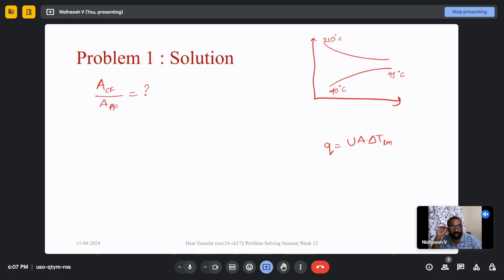U A delta T is similar to h A delta T; instead of h, here it would be an overall heat transfer coefficient for the heat exchangers. This is the expression that we have. From this we can rewrite the area available for heat transfer as Q divided by U into log mean temperature difference.